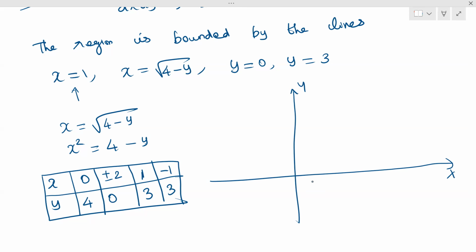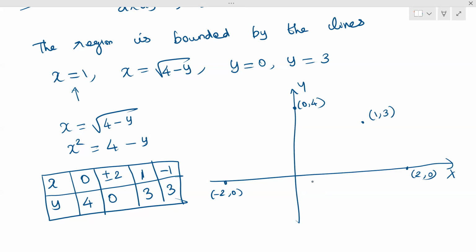What are the points? (0, 4). Okay. Here, (plus or minus 2, 0), (0, 0), (minus 2, 0), and (1, 3). Here we can draw (1, 3).